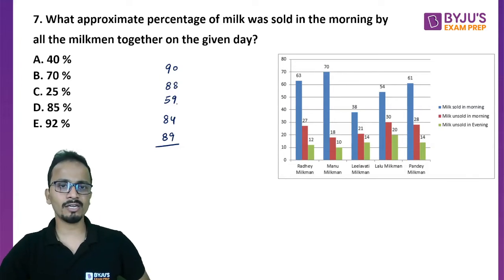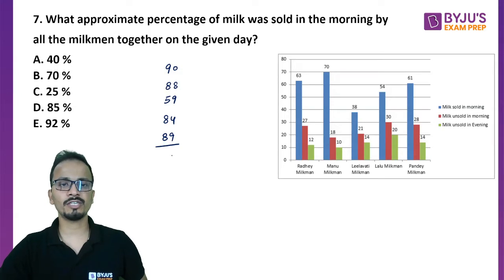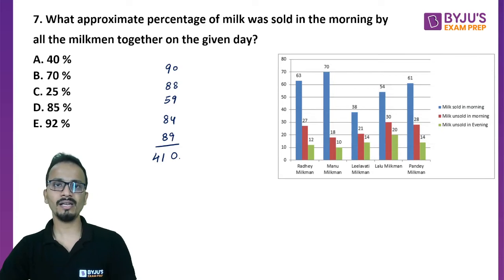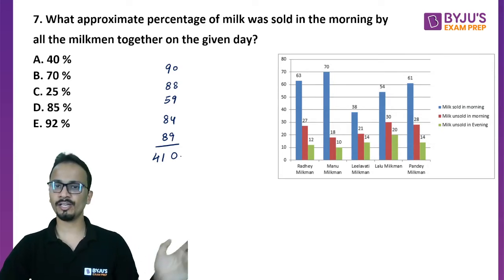Okay, so let's add all of them. So it is 18 and 12, 30, 0, 3, 12, 20, 36, 41. So 410 liters of milk is available to sell at the beginning of the day with all these 5 milkmen.